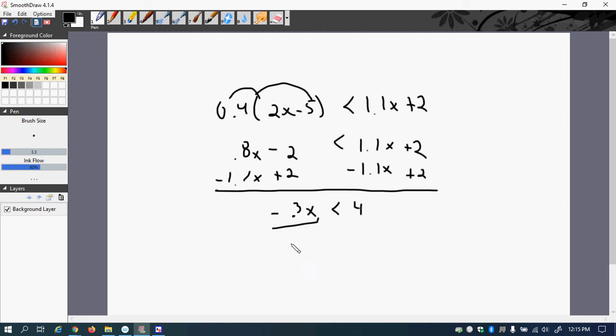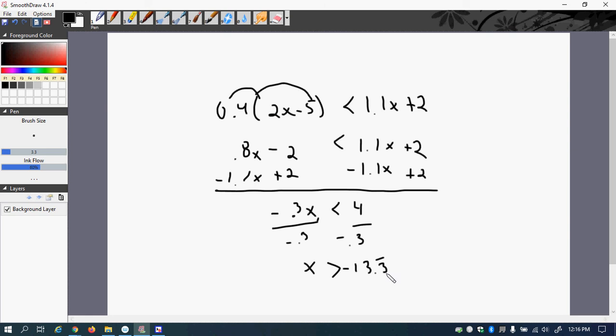So now we divide by the negative 0.3. And so the inequality has to go the other way. Now if we take our calculator, which I need, 4 divided by negative 0.3 gives me negative 13.3, and it repeats.